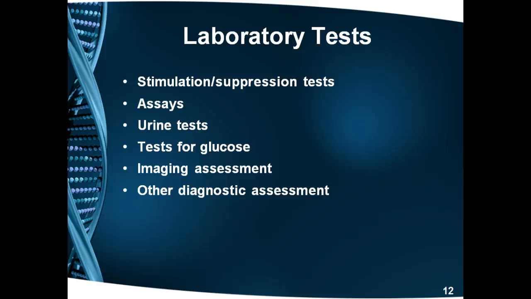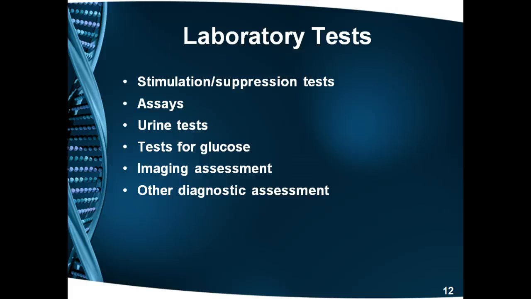Then they have what they call assays, and they basically just measure the level of a specific hormone in the blood or other body fluid. That's just like taking blood work or doing it from some type of body fluid.